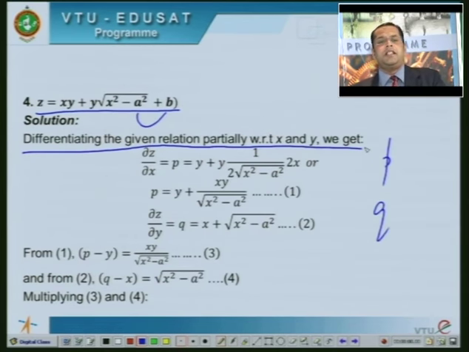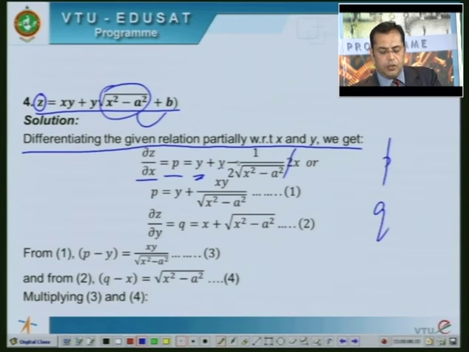So, differentiating the given relation partially with respect to x, z becomes dou z by dou x, which is p. The derivative of xy is y, then I have x here, so y will be out, times the root of x square minus a square, whose derivative is 1 by 2 root x square minus a square into 2x.